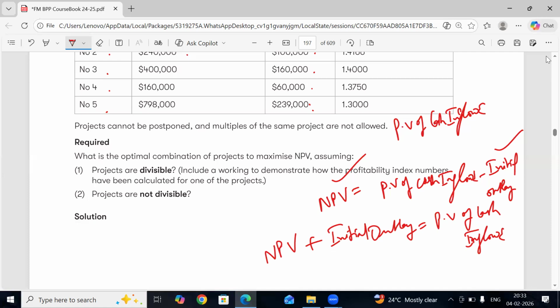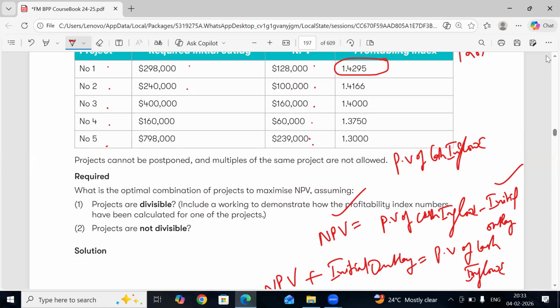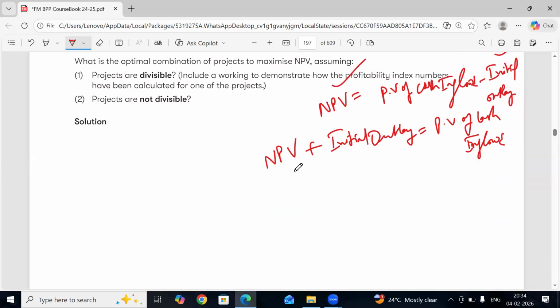Now we will first find out inflows of all the projects. NPV plus initial outlay is equal to present value of cash inflows.